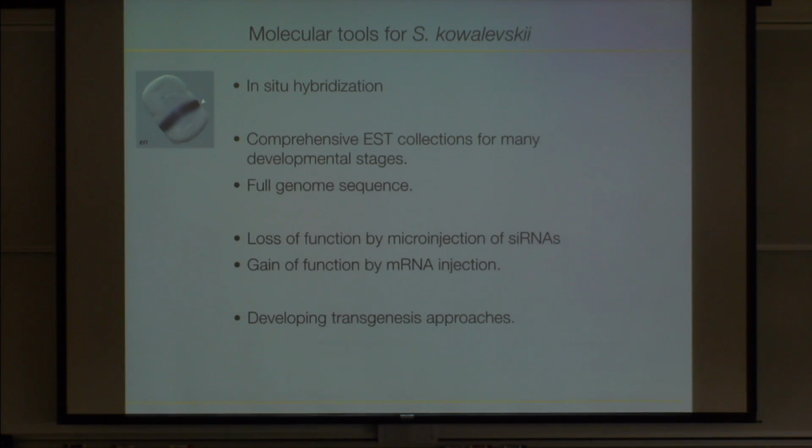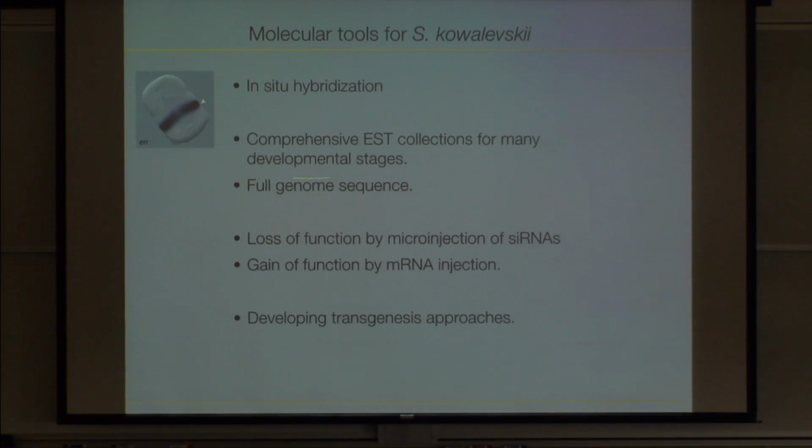Wherever you see a dye precipitated in the embryo, that's a way that we can determine where a specific gene is expressed. We've cloned lots of different genes by sequencing RNA from a variety of different developmental stages, giving these comprehensive EST collections. So we have hundreds and thousands of genes we've cloned using screens of EST collections.